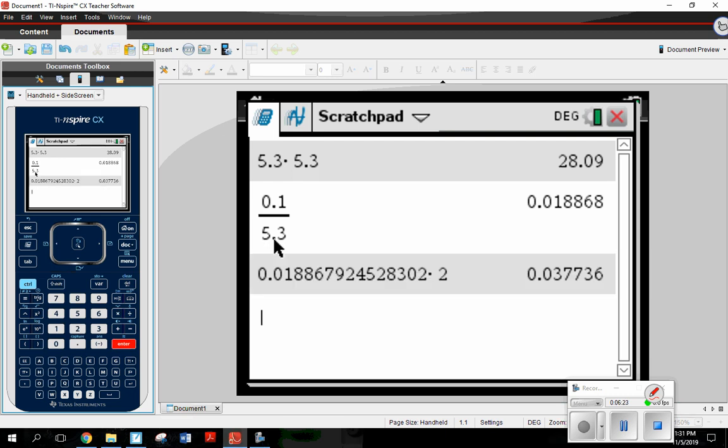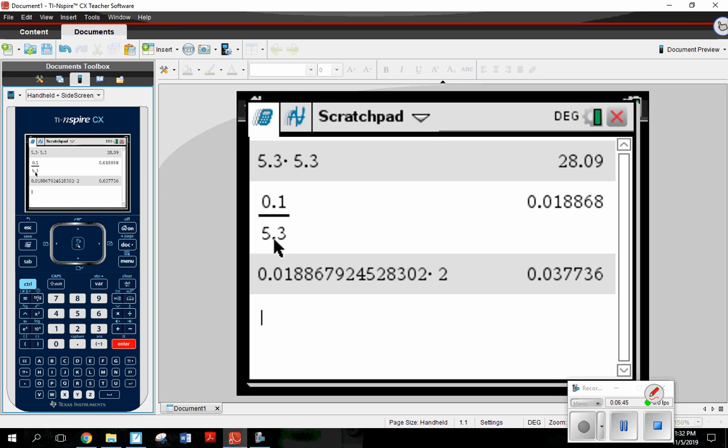Now, if I were to find the percent error, I'd move the decimal over 2 places, so I'd get about 3.77%. But I want to take this percentage of the original operation that I found. You remember when we multiplied 5.3 times 5.3? I want to take this percent of that value, the 28.09.